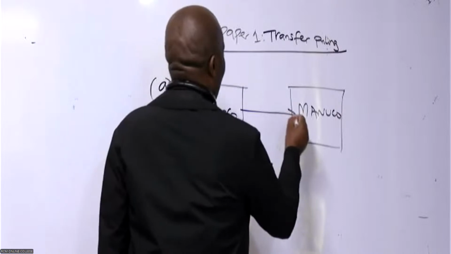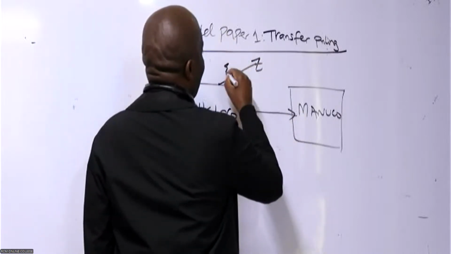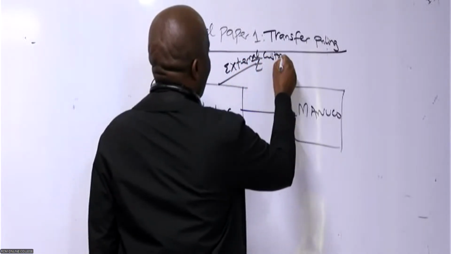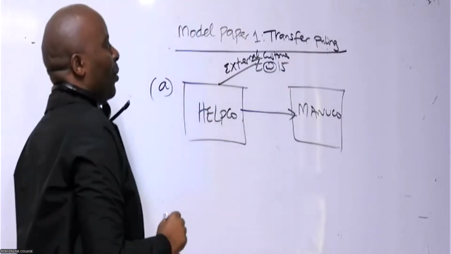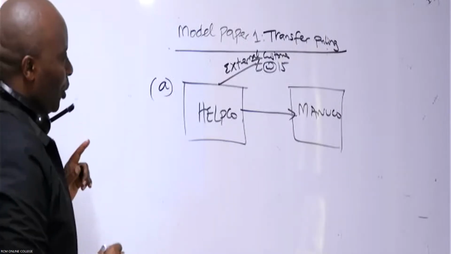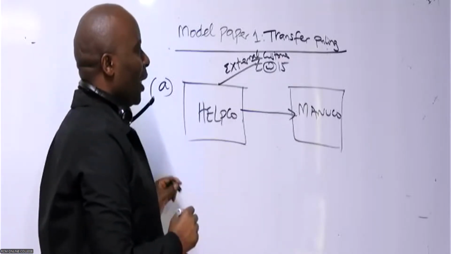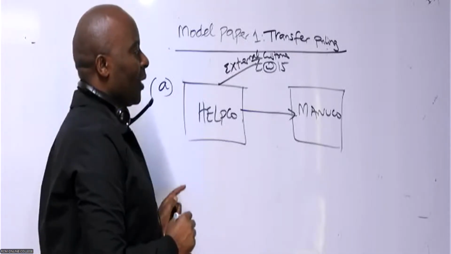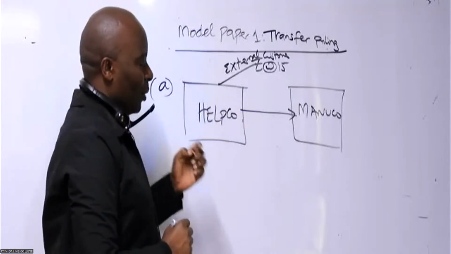And we are told that HelpCo has external customers for Z. And then, of course, it is able to sell outside this product for what? For 15. Now, so solution part A, they simply want us to give them an optimal selling price. In this case here, HelpCo sells to Manuko internally.